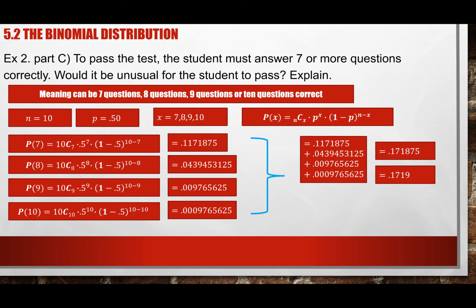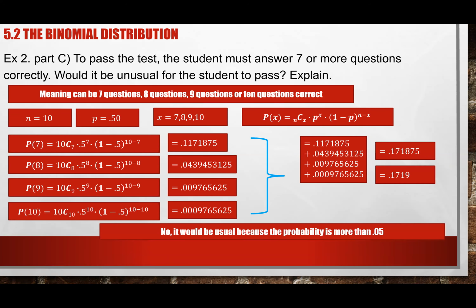Okay, so in this idea, will this be usual or unusual? Reminder, the cutoff is 0.05, and this will be usual. It is not unusual, because remember, the cutoff has to be less than 0.05.